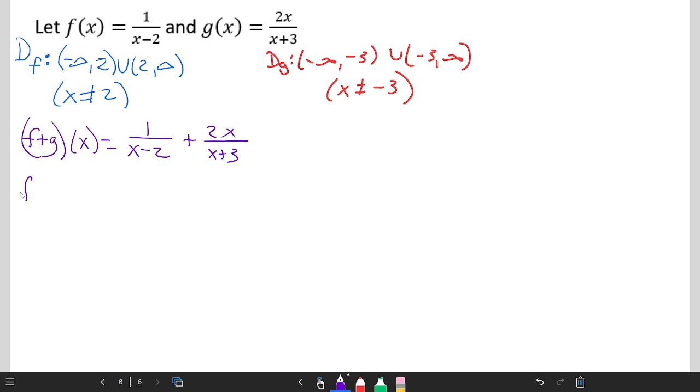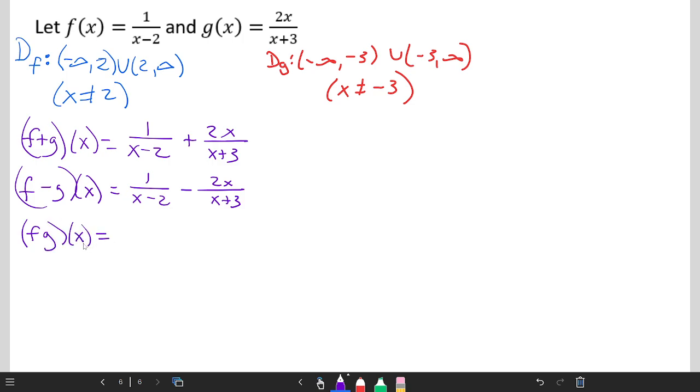There's f plus g, and here's f minus g. You could get a common denominator and do the addition or subtraction if you want, but it's not really necessary for our purposes. f times g is going to look like this.